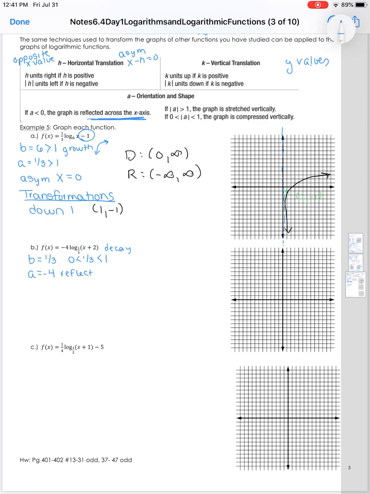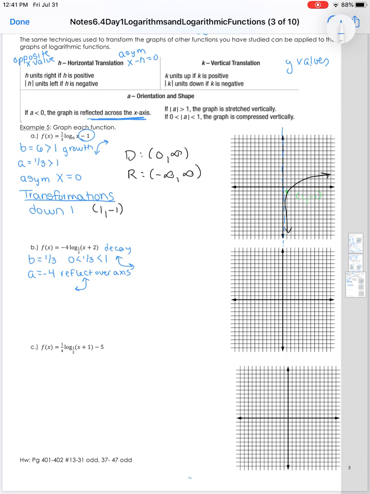So traditionally, this should be a decay, which means the graph, in terms of a decay, if you look to the second page of your notes, should be coming down like this. But now if we are reflecting it over the asymptote, it's actually now going to give you this appearance. So just be careful with that.